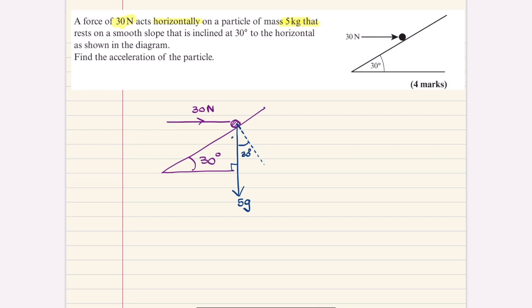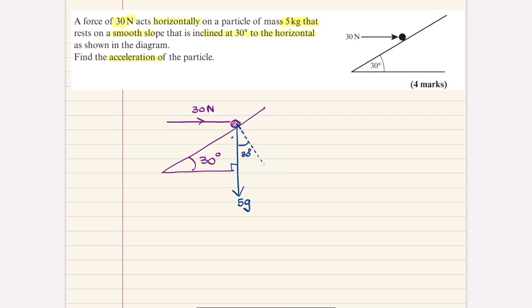Okay, now let's read the next part. Next part says mass of 5 kg that rests on a smooth slope, so no friction, that is inclined at 30 degrees to the horizontal as shown in the diagram. Find the acceleration of the particle.